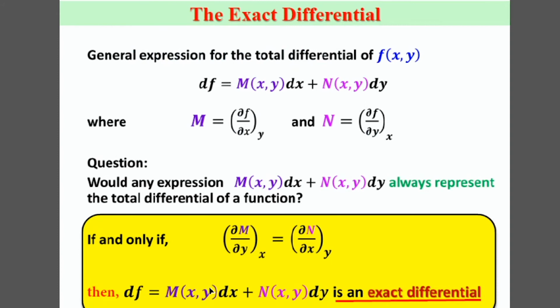So similarly, for any function to be represented as a total differential df, we can write it in terms of M, a function of x and y, dx, plus N, a function of x and y, dy, only if the differential of M with respect to y keeping x constant is equal to the differential of N with respect to x keeping y constant, which, in other words, means the double differentials become equal.